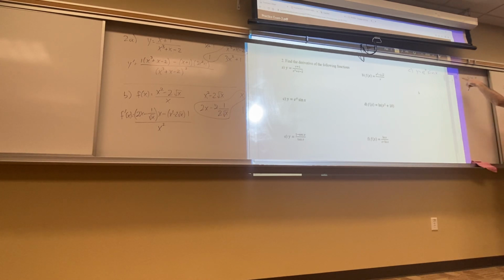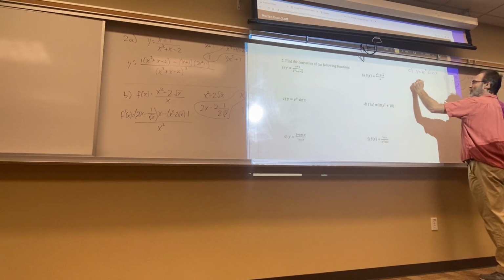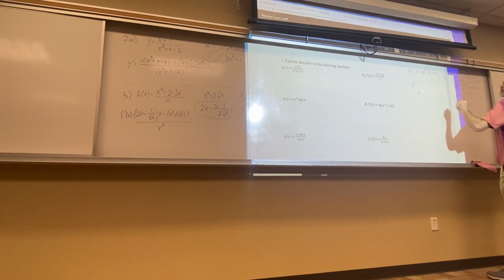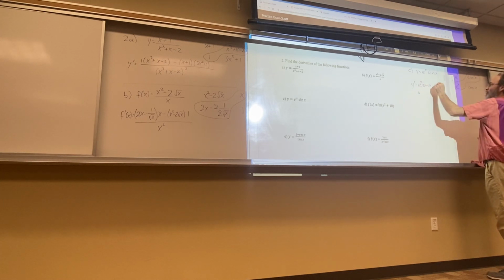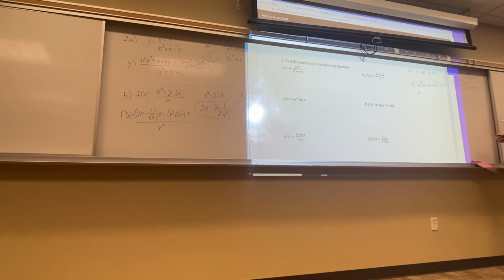Derivative here is e to the x. What's the derivative of sine x? Cosine x. So you're going to get this. We're going to get e to the x sine x plus e to the x cosine x.